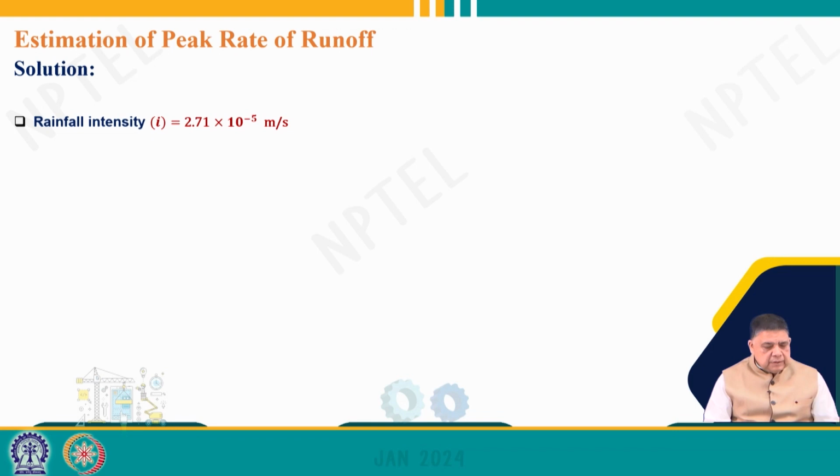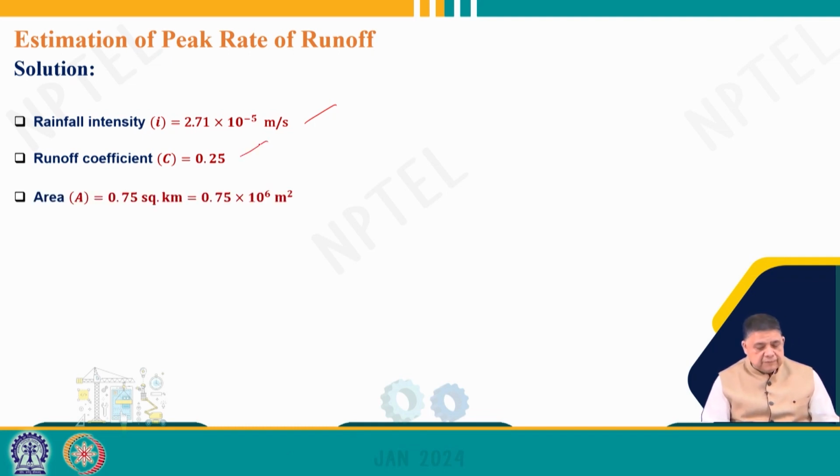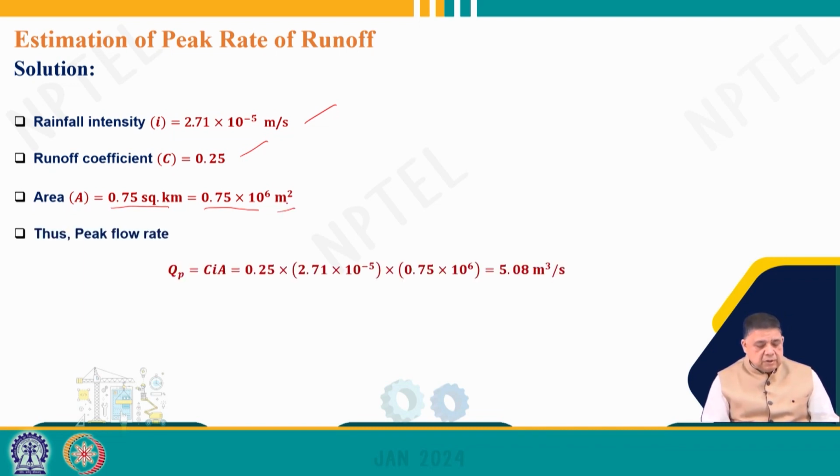That simply means the rainfall intensity value we have already obtained. The runoff coefficient is already given as 0.25. The area of the watershed is 0.75 square kilometers, which we can convert into square meters; it comes out to be 0.75 into 10 to the power 6 square meters. Now all the requisite parameters are available with us, so we can use the rational formula Qp equals CIA, and we get a value of 5.08 cubic meters per second.